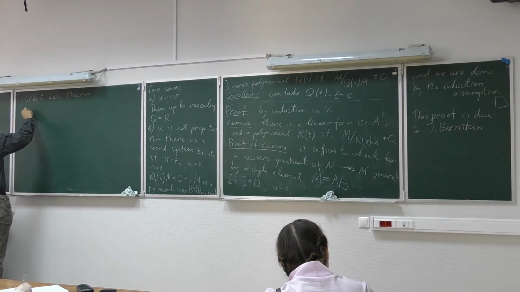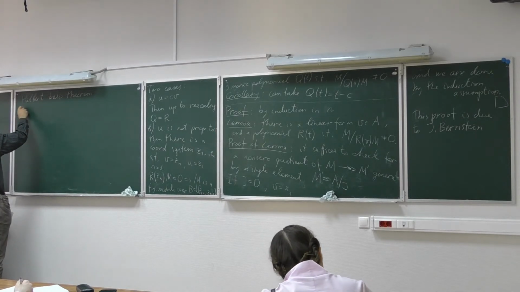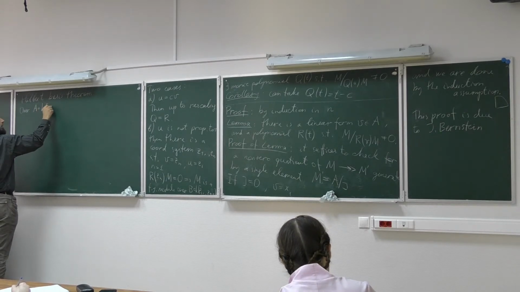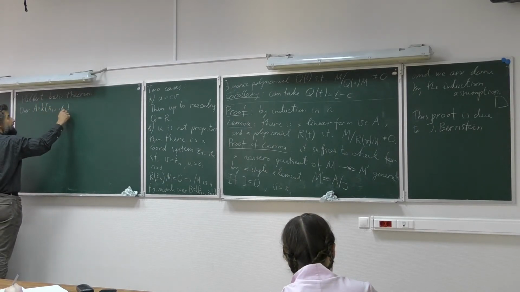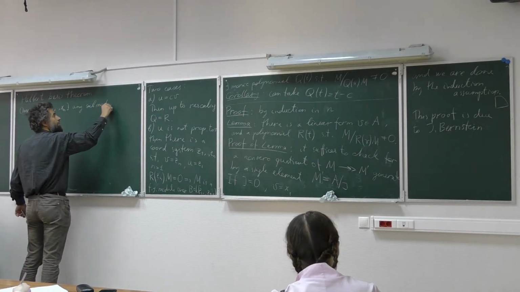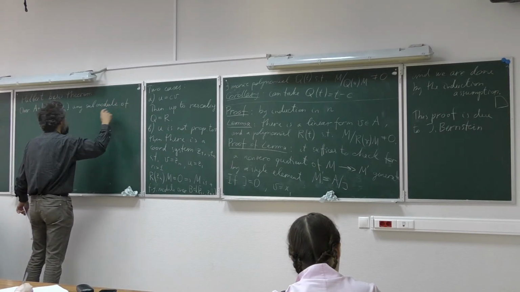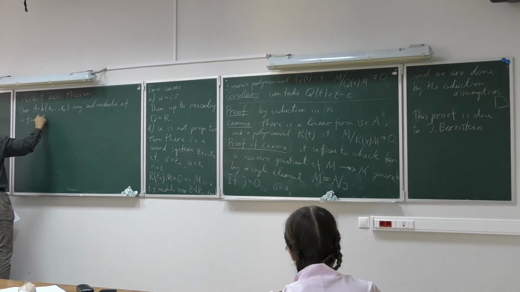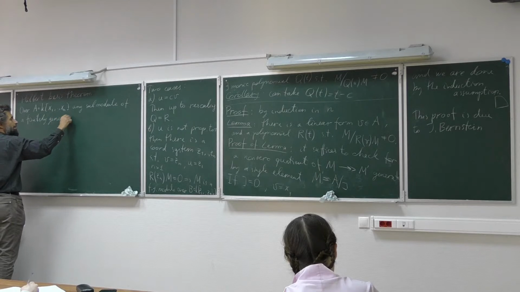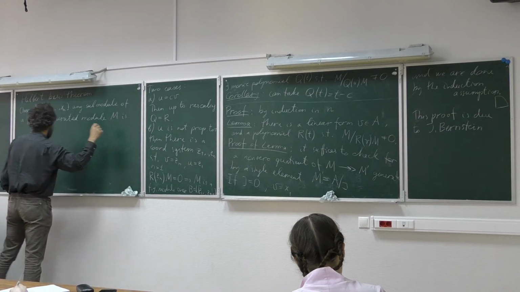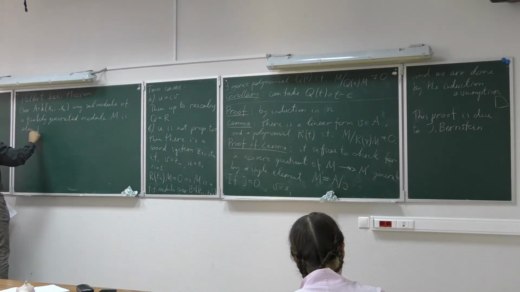It says that over A, our polynomial algebra, any submodule of a finitely generated module M is also finitely generated.